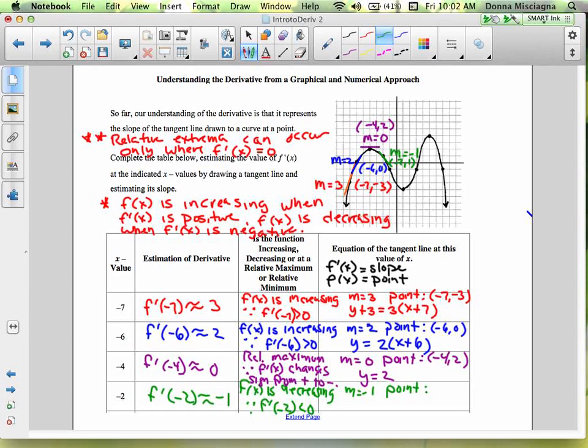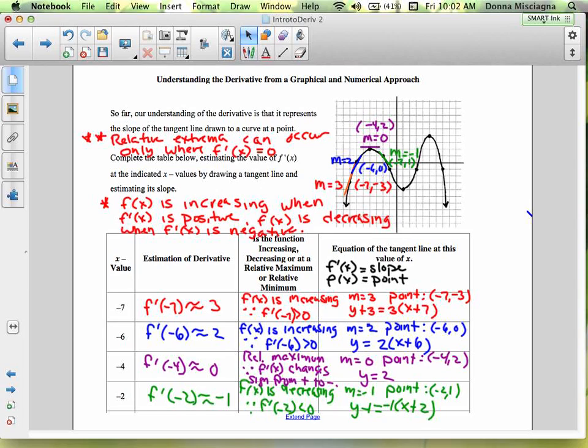Looking at the wrong point there. Negative 2, 1. All right, so this is going to be y minus 1 equals negative 1 times x plus 2. And that's perfectly good. Right, so there we've done these 4.